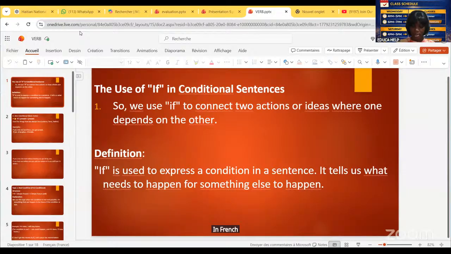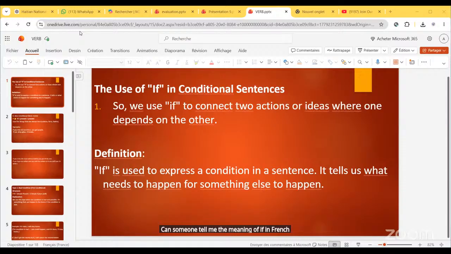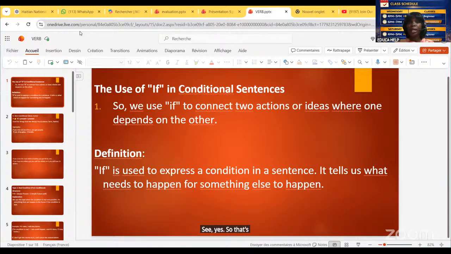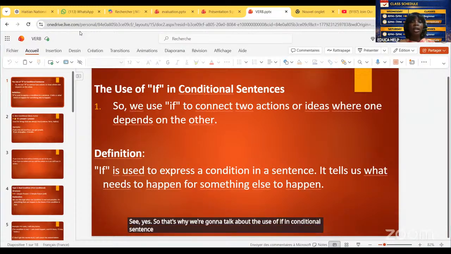Do you guys know? That's what we're going to talk about tonight: the use of if in conditional sentences. L'utilisation de si dans les phrases conditionnelles.